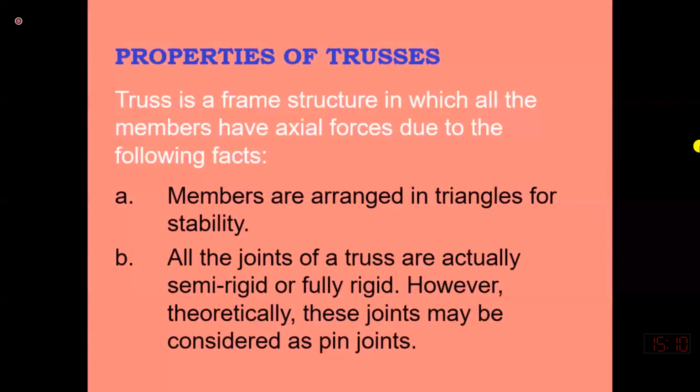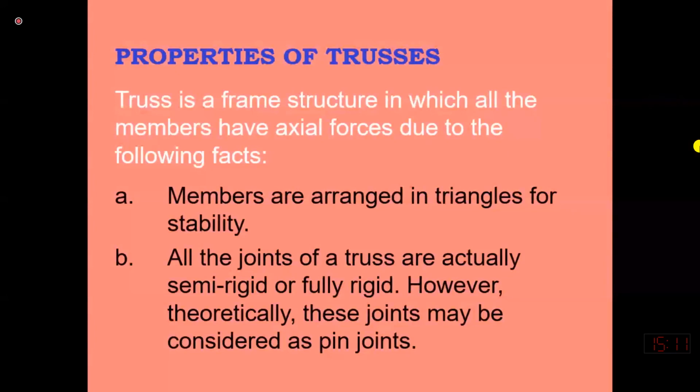Another way to say it is that in this configuration of the truss we must follow a triangular pattern. So a truss is comprised of line or cylinder elements arranged in a triangular pattern and concurrently joined. All members must have the triangular configuration. If in any segment the triangular configuration doesn't exist, that will not be a truss.